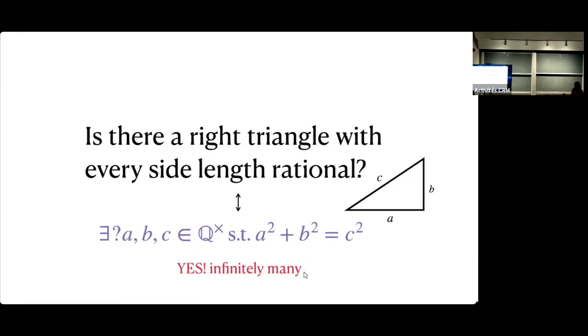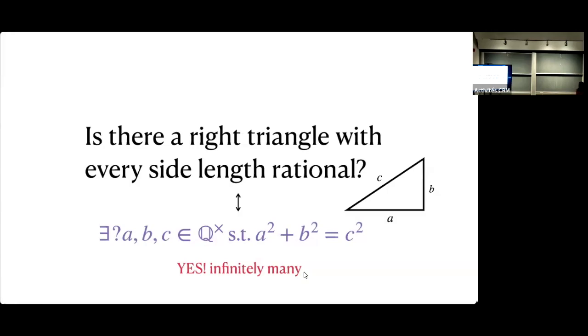One silly way I can make infinitely many is to start with a triangle like a 3, 4, 5 triangle, and then I can just take one of the corners and pull it and scale by rational dilation factors, and that will still preserve every side length being rational. But I can also find infinitely many, not in this silly way, that are distinct even modulo scaling.